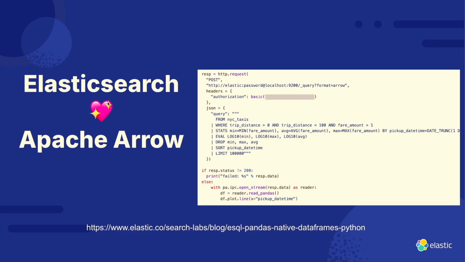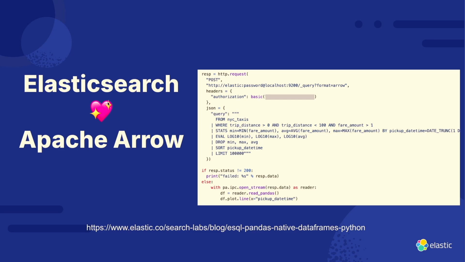With ESQL, since I think 8.15, there is an option to output the result as Apache Arrow. And that's in the data science community a well-known and loved format because it's very efficient and it supports streaming. So when you run this, for example, right now it's just this URL option where you say format is arrow, and then you get back the Arrow format that's reusable with a lot of libraries.